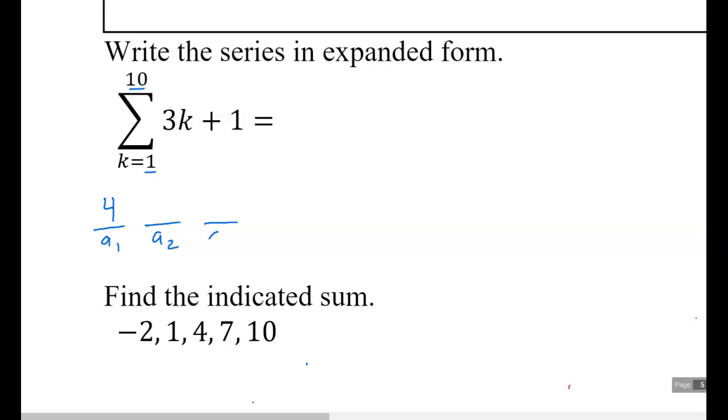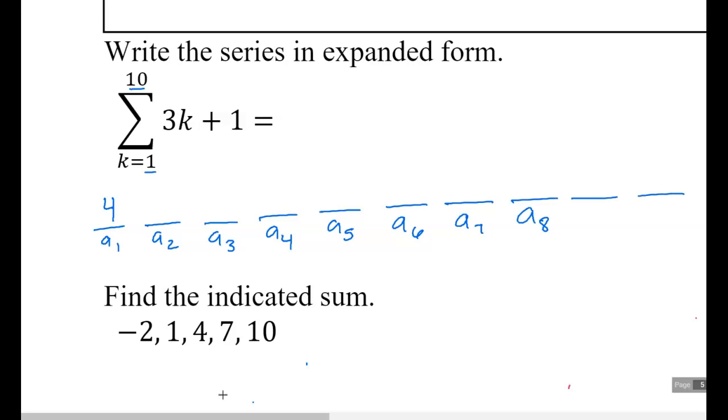We need to repeat this for 2 through 10, until we get all 10 terms. So I'm going to plug in now 2. 3 times 2 is 6, plus 1 is 7. And I'm adding these together because the sigma tells me this is a series I'm trying to add together.